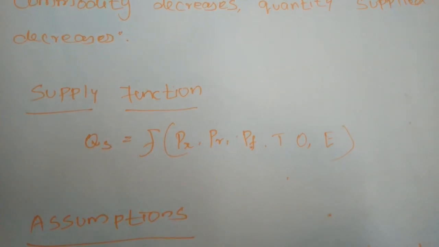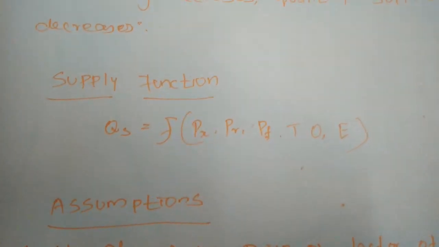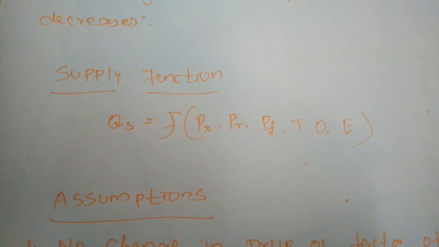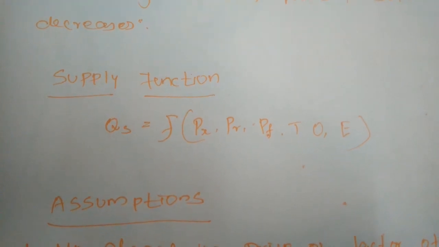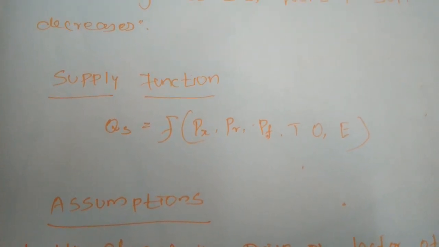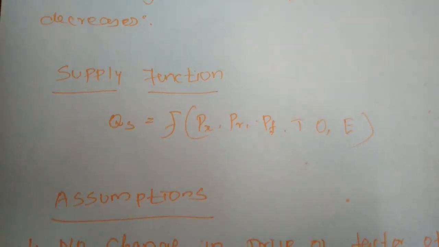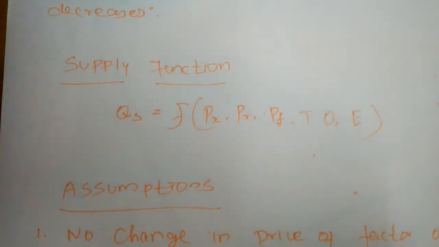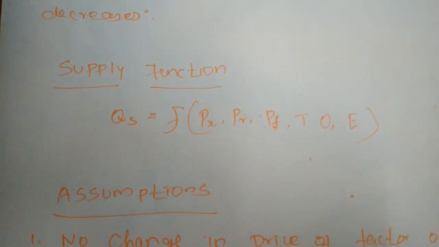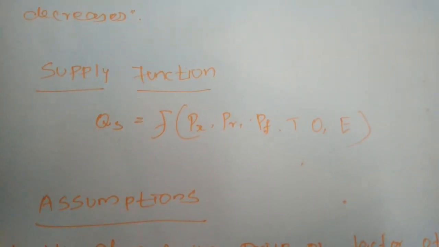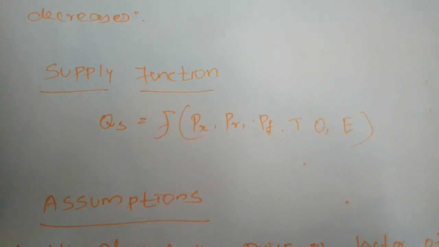Normally, if the price of labor is very low, the supply also will be increased. Next, if the price of capital is very low, the supply of the commodity will be increased. If the state of technology is improved, the supply also will be increased. If the number of firms increases in our nation, the supply also will be increased.